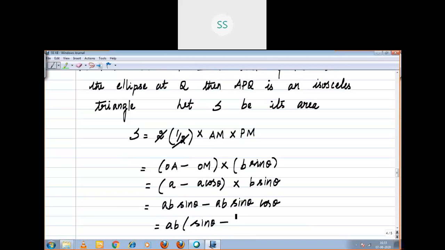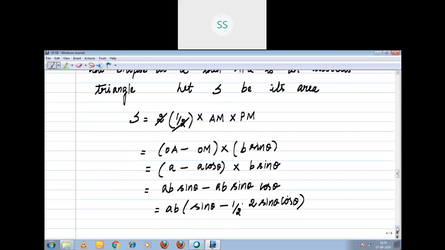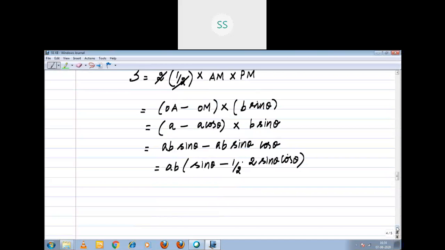I am going to multiply by 2 and divide by 2, giving 1 by 2 into 2 sin theta cos theta, which is sin 2 theta.